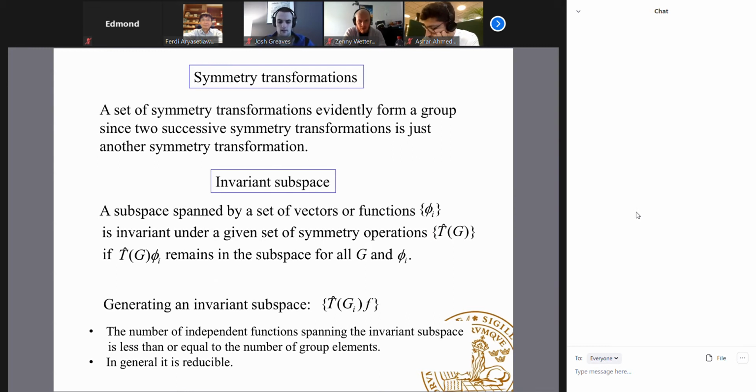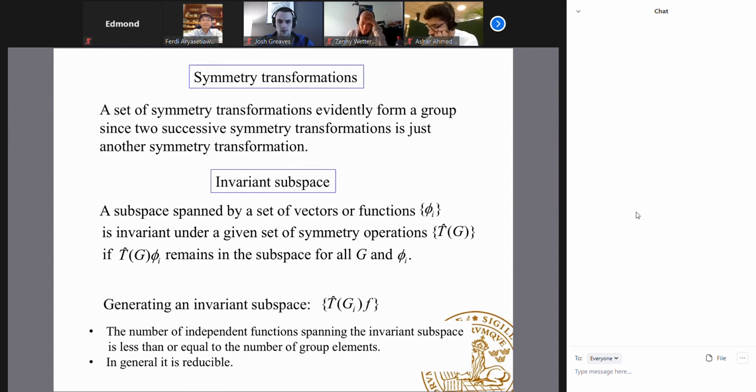So then the product of two symmetry operations must be just another symmetry operation. So I think that's clear. We don't need to prove that. So symmetry operations form a group. That is also why we study symmetry in conjunction with group theory, because they form a group.